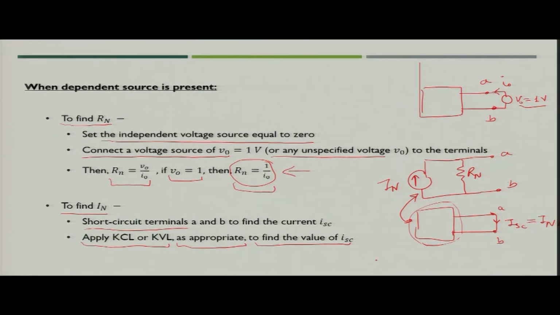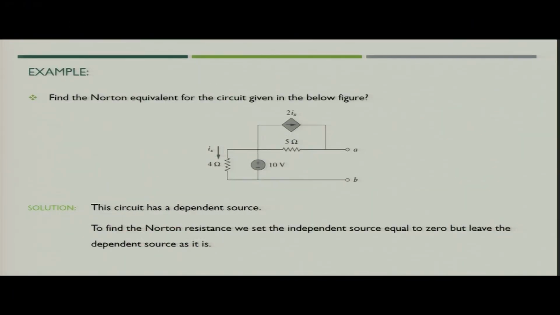So, how will we do this? Let us take one example so that we can understand this concept clearly. Suppose the circuit is as we see in the figure, and we need to find the Norton's equivalent.